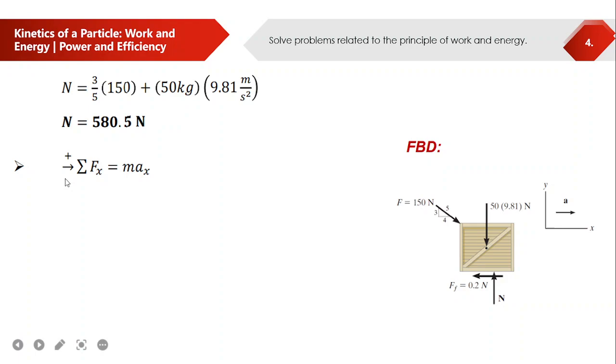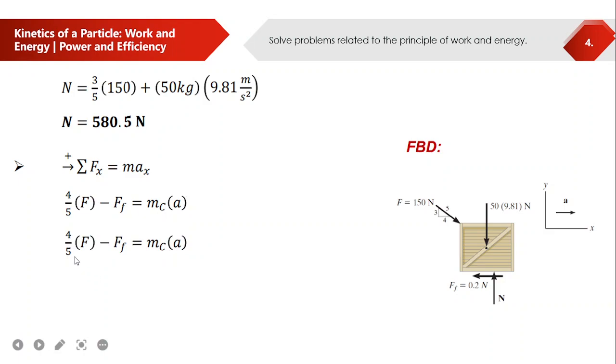So let's also have the horizontal forces. So summation of all the forces along x is equals to m times a sub x. That will be your force applied by the man and the friction force, no? Yun lang yung. Okay, so that will be 4/5 of force minus F sub f is equals to m sub c times acceleration.